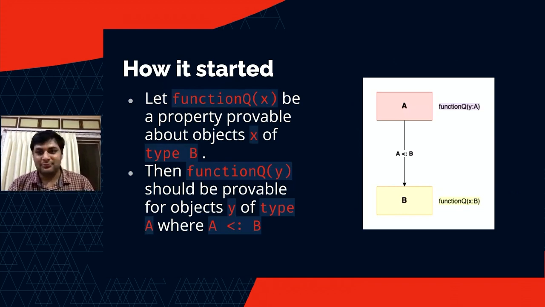Function Q, object X of type B, and there is a subtype relation, then function Q, object Y, type A. So that's what the Liskov substitution principle says. If there is a subtype relation, we can use that subtype in that same function.